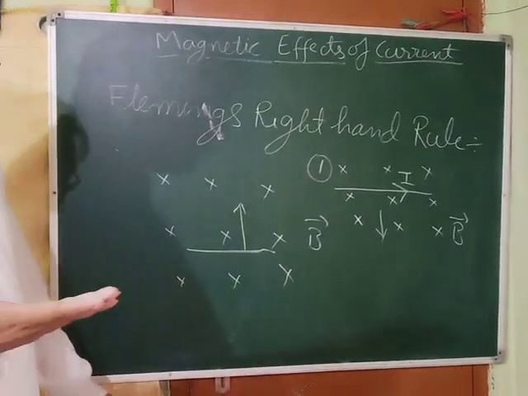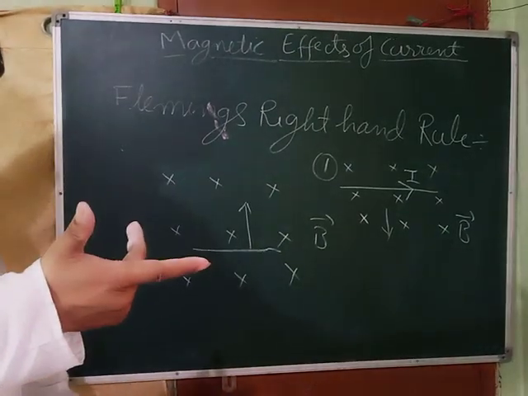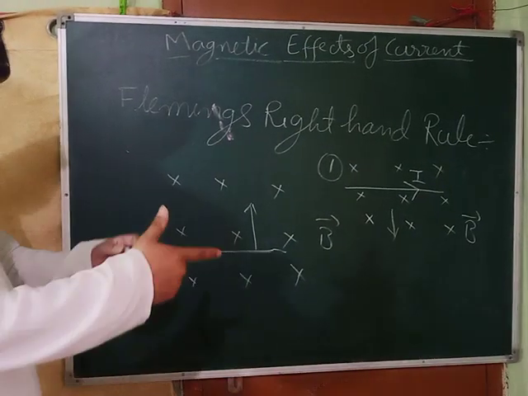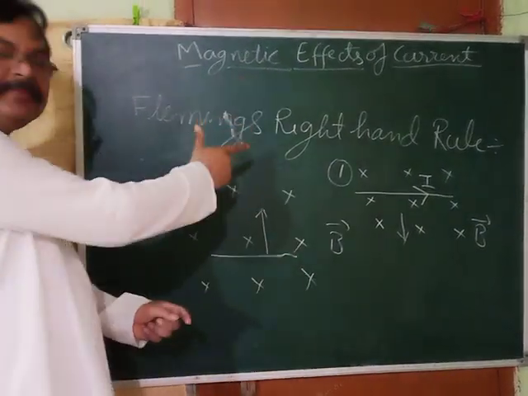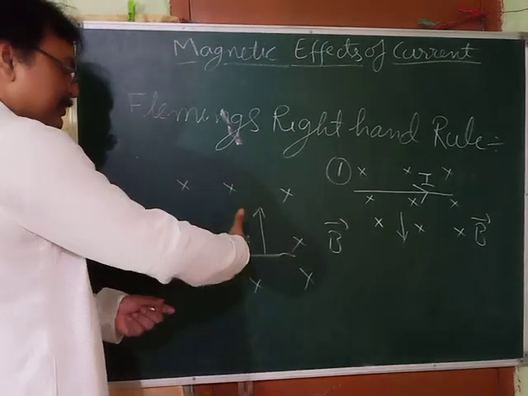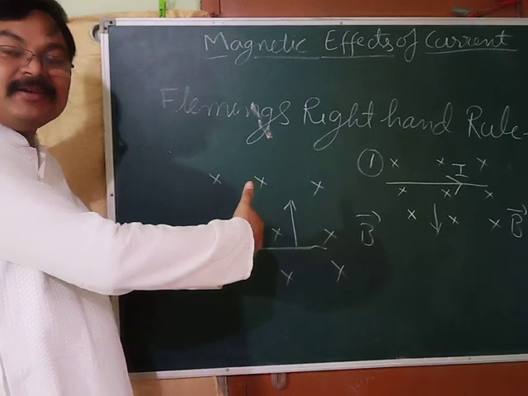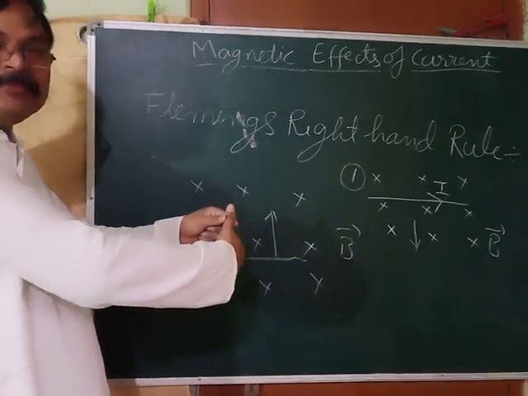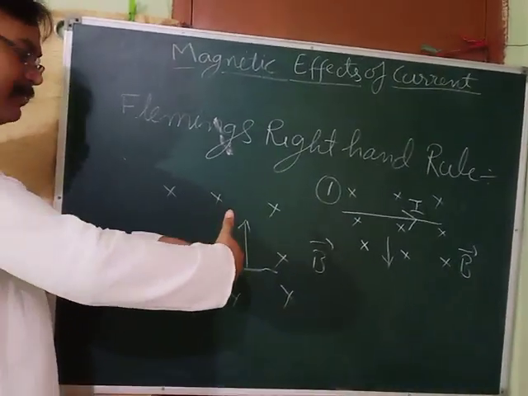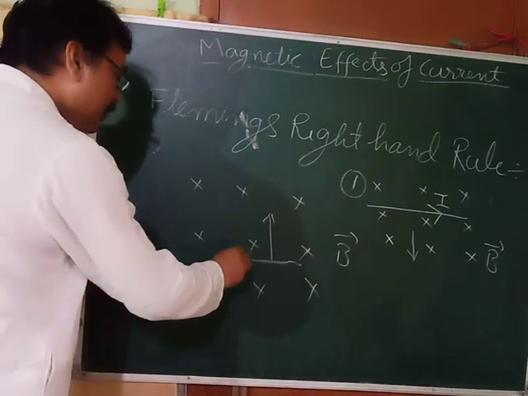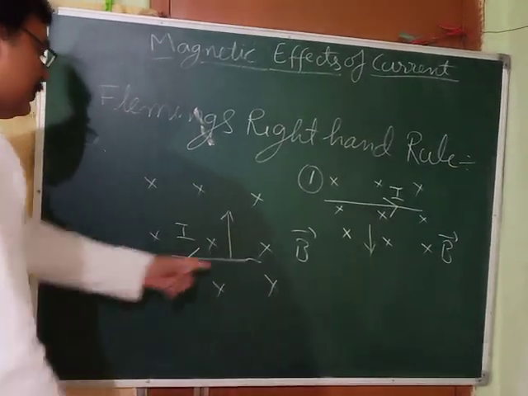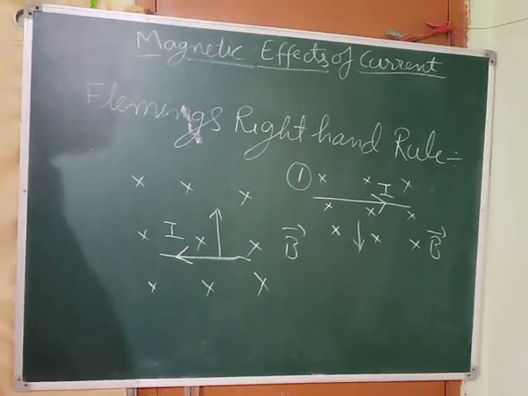Induced current. So again, Fleming's right hand rule. This is the direction of motion, upward. Magnetic field inside. This is the magnetic field, index finger. This is the thumb, direction of motion. This is the middle finger, indicating direction of induced current. So current will be produced in this direction.